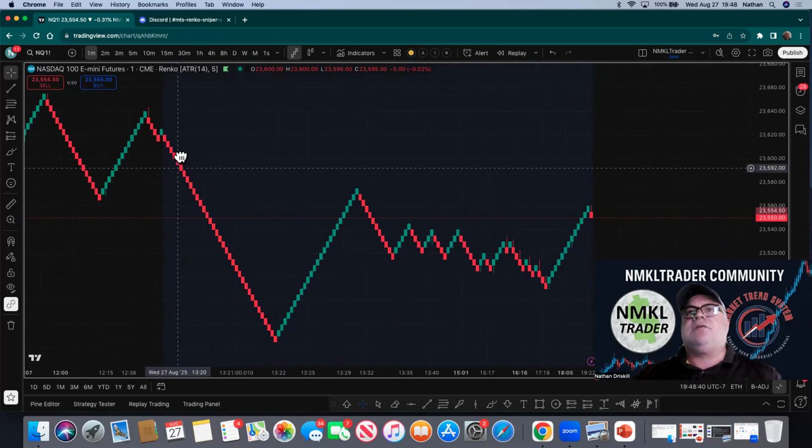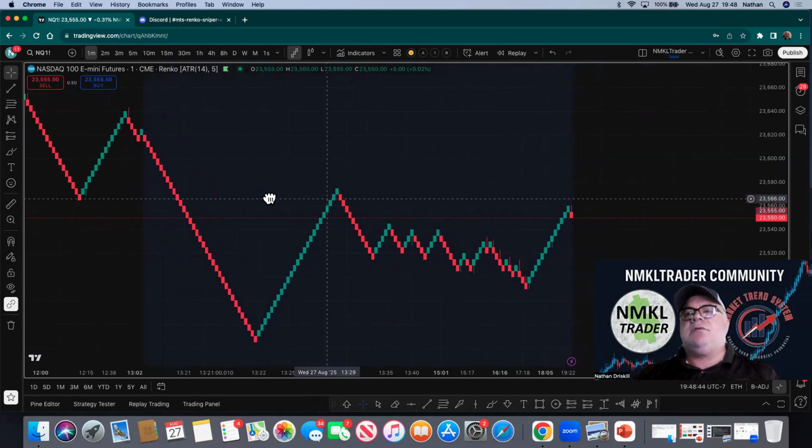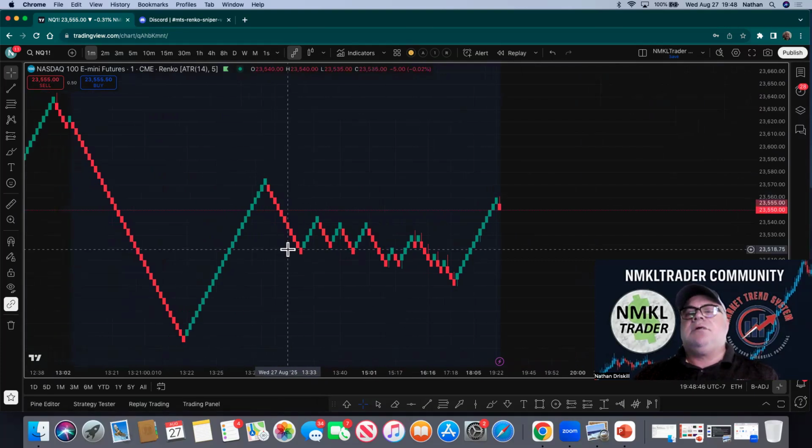Now, the first thing I'm going to do is show you how to determine brick size for the NQ. Now, I trade with either a brick size of 2, 4, 6, or 8 for the NASDAQ 100 E-mini futures.